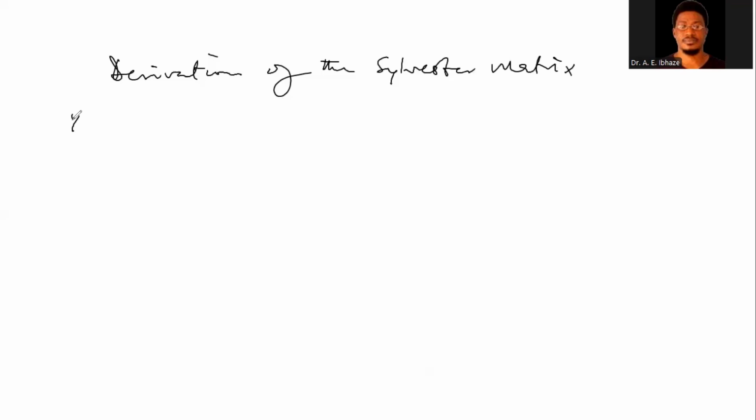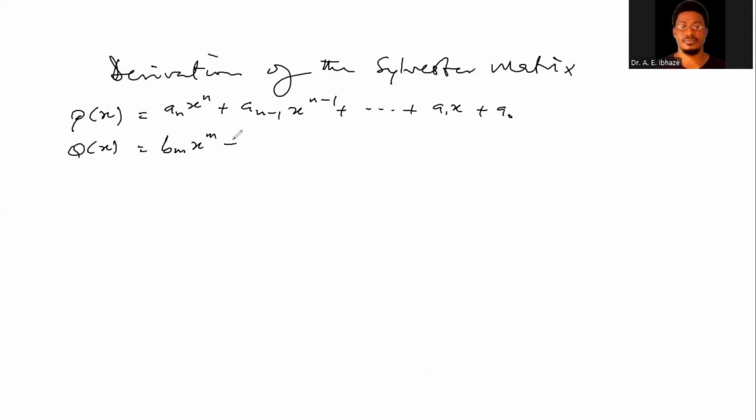So given the first polynomial p of x being the same as a sub n x to the n plus a sub n minus 1 x to the n minus 1 plus all the way to a1 x plus a naught. And then the second polynomial we want to check is q of x equals b sub m x to the m plus b sub m minus 1 x to the m minus 1 plus all the way to b1 x plus b naught.